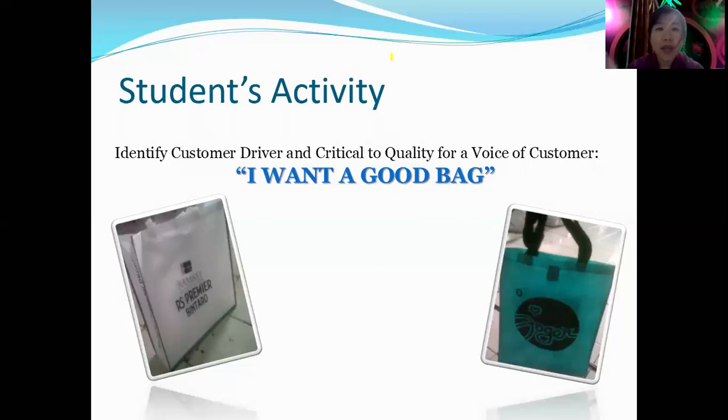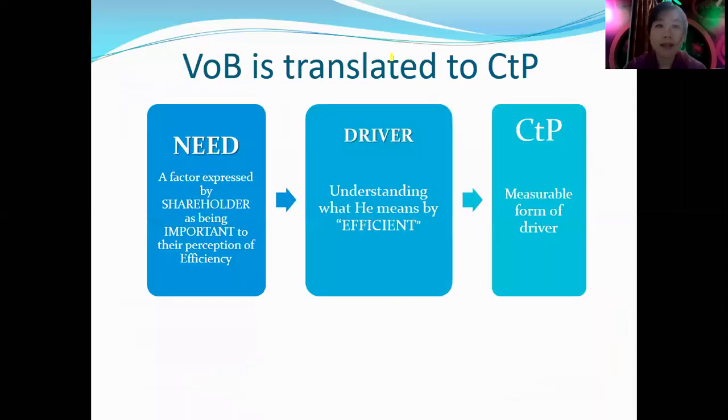So try to understand if you are the customer. What is your definition of a good bag? And then translate that customer need into what we call critical to quality by using a chart like this.